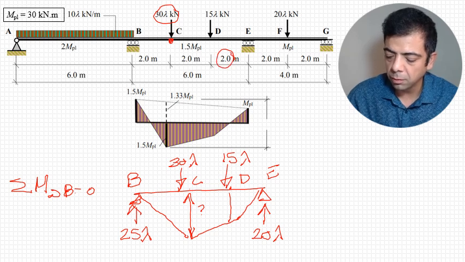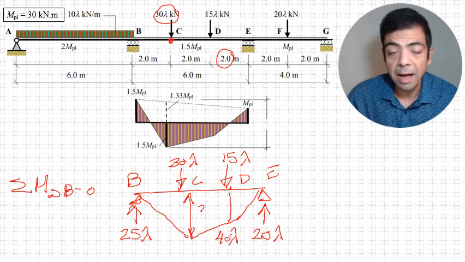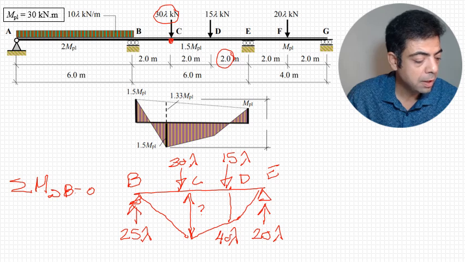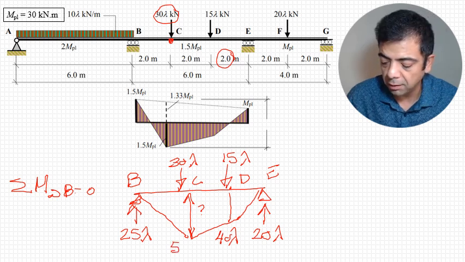So this is going to be 40 lambda, and at C it's going to be 25 times 2, and that will be 50 lambda.